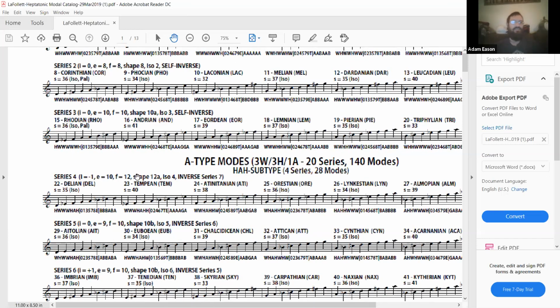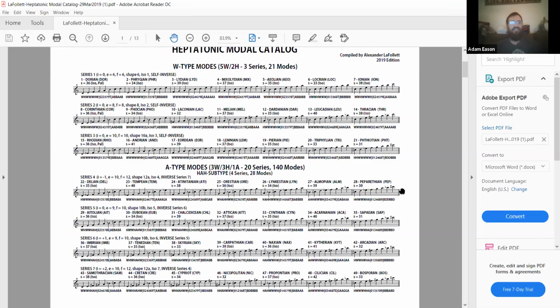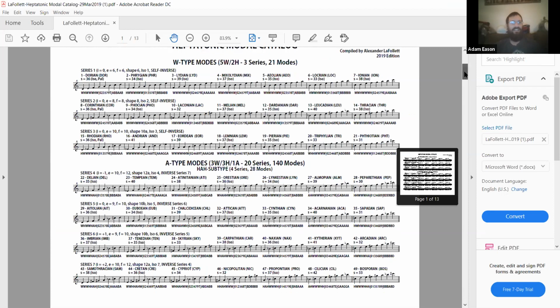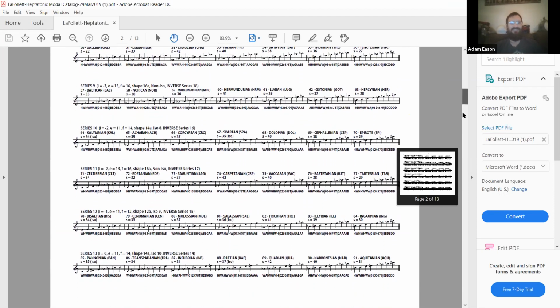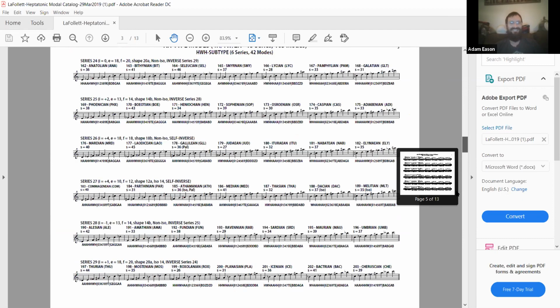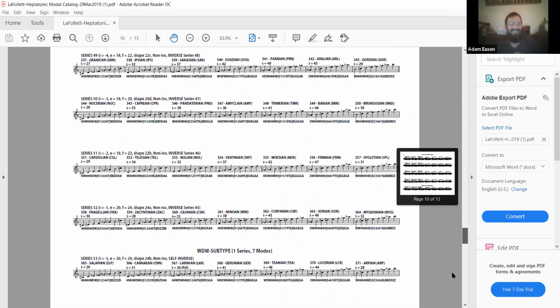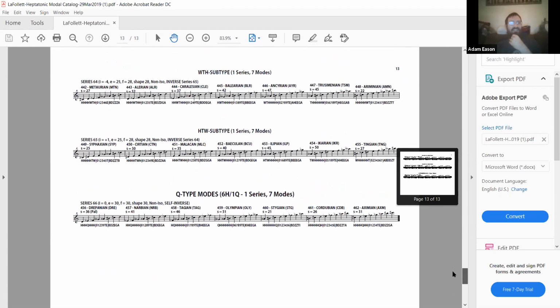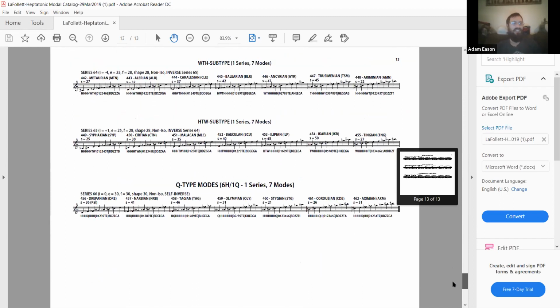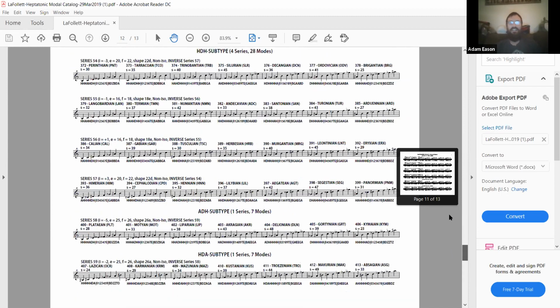So this is page one. And then I was like, oh no. Oh no. So it's 13 pages of a variety of different modes.